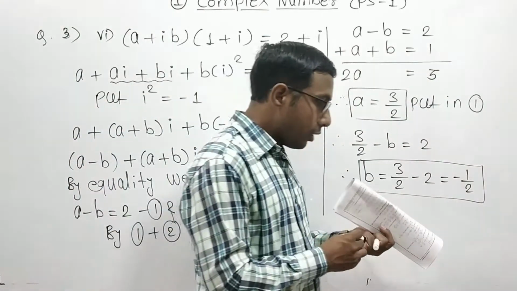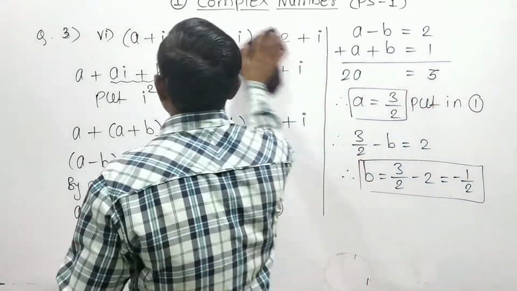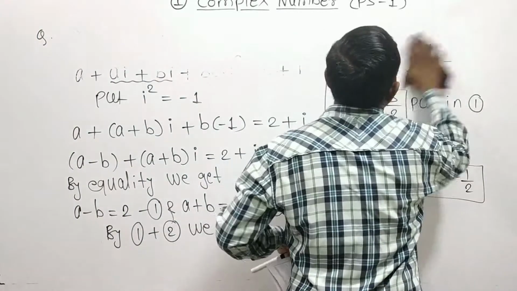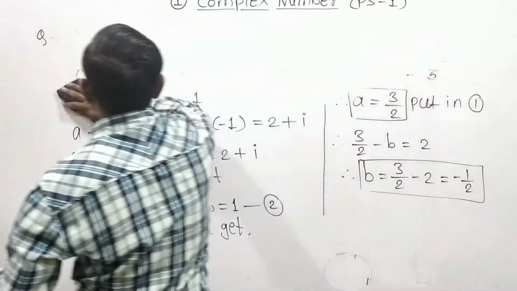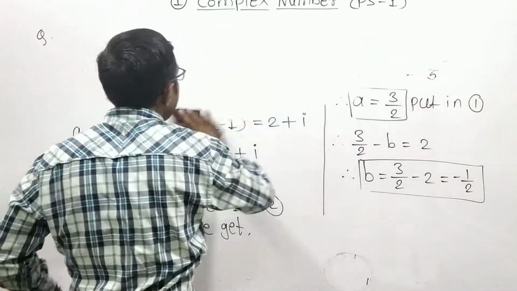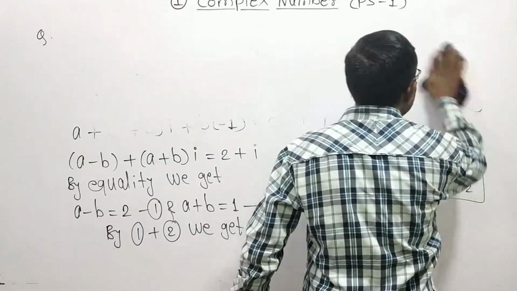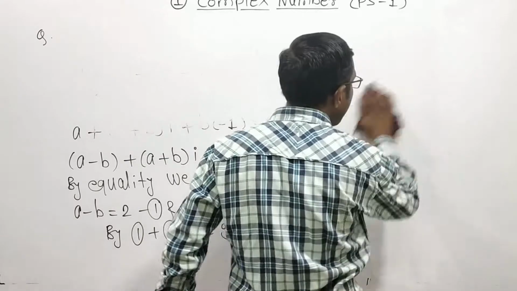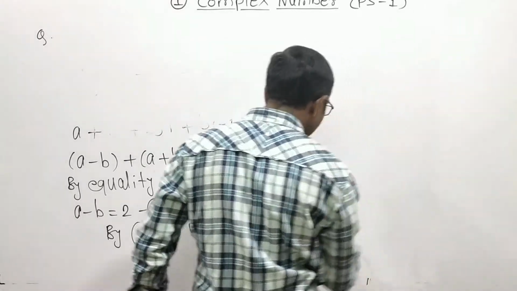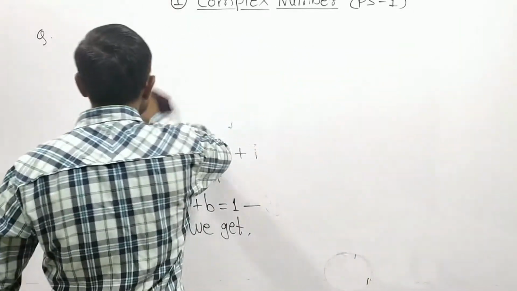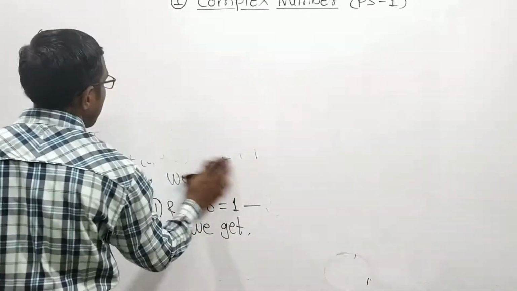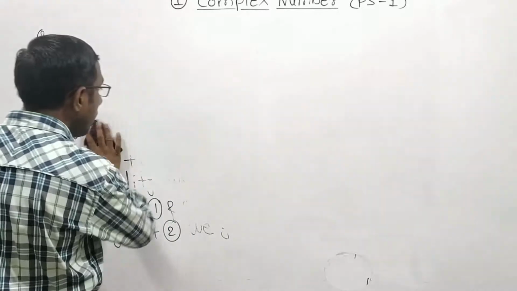Now let's continue with question number 4. In the last video, I gave you one question for your homework that's related to the theorem. And what is that theorem? Prove that the sum and product of two conjugate complex numbers are always real.